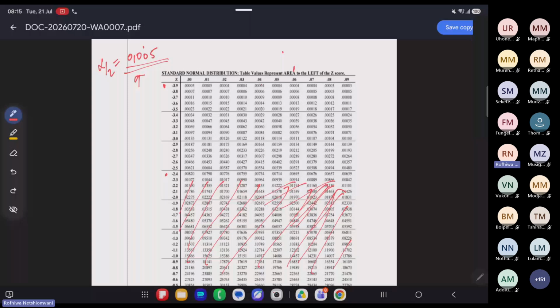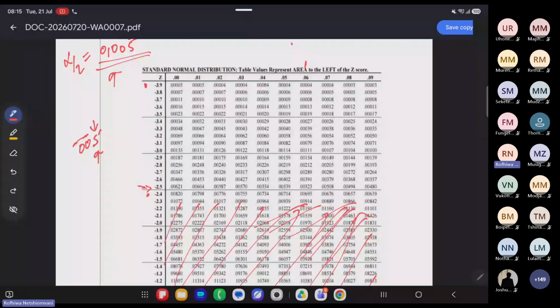Remember, we have the 2 zeros, and now we have a 5. Which row, where after 2 zeros you have a 5, is that on the screen? It's negative 2.5. So that will be the row.